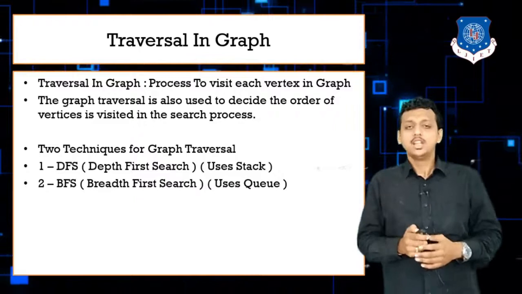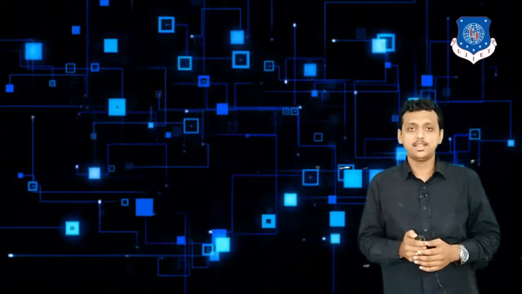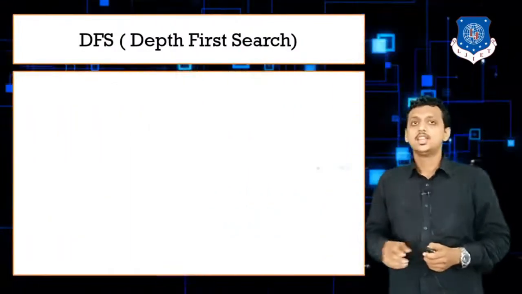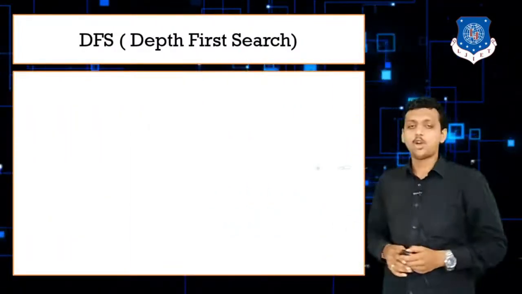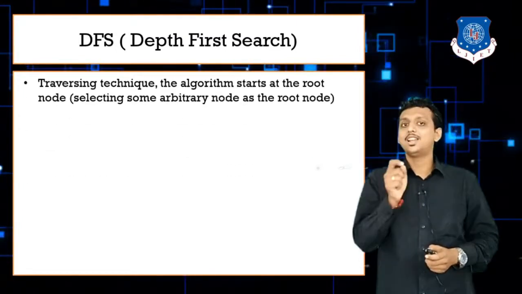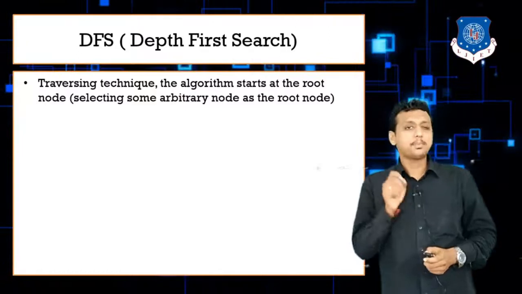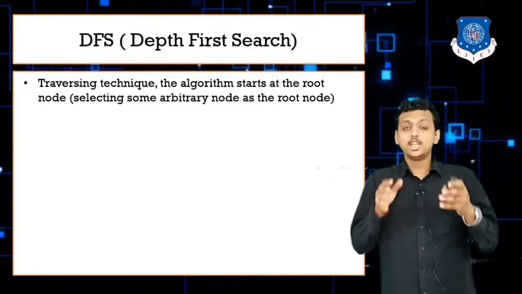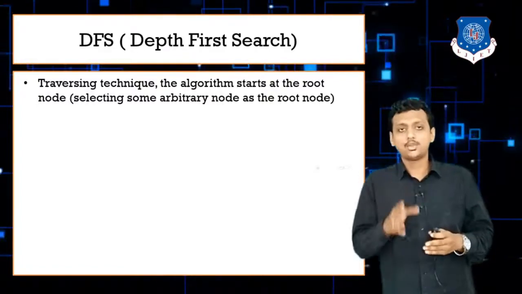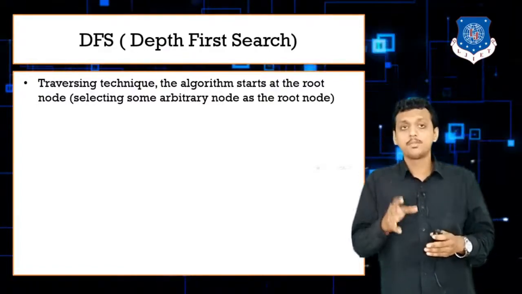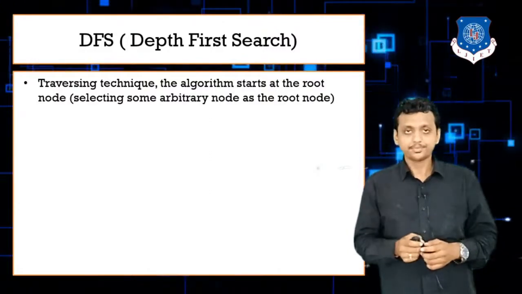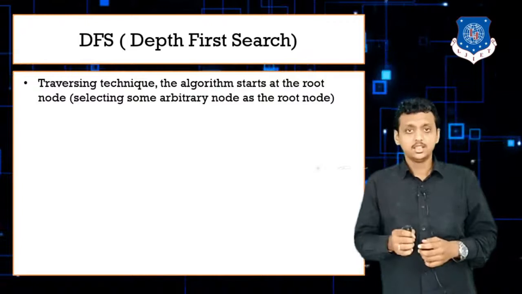Okay, so now let's first understand what we mean by DFS and how exactly it works. DFS, the full form is depth first search. The name itself says a lot over here, students. Depth first search means you are going to search inside the depth of the graph. For that, first visit the root node and then select any one of its adjacent nodes according to the arbitrary order.